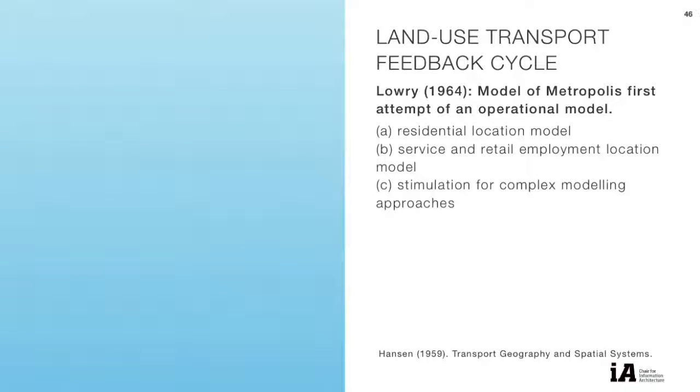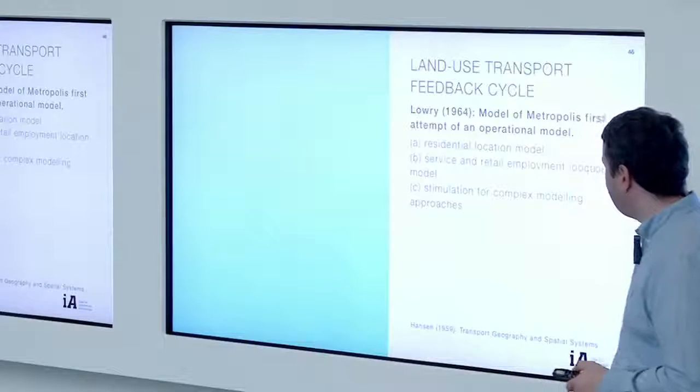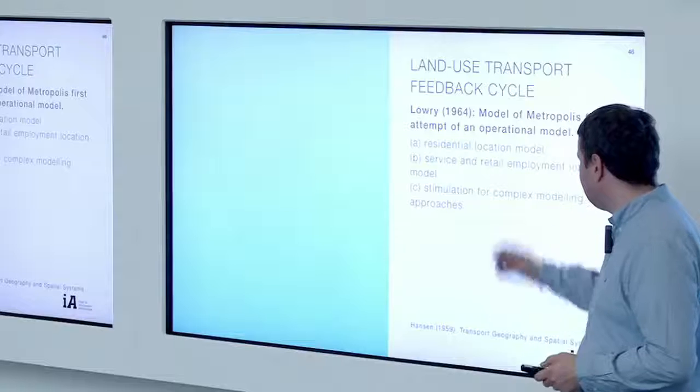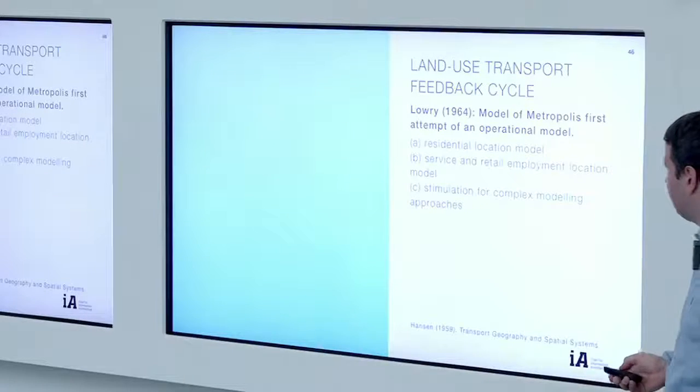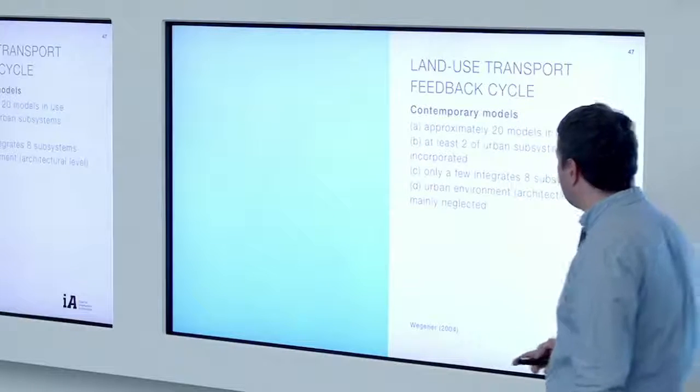From there, they arrived at a so-called location choice model. The idea was that you couple service and retail employment location, and you had a first model that evolved into several other ones.